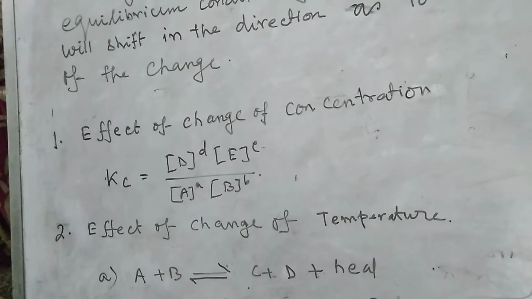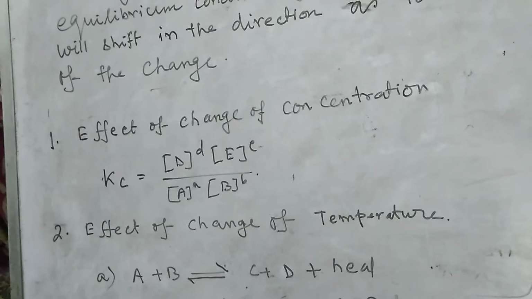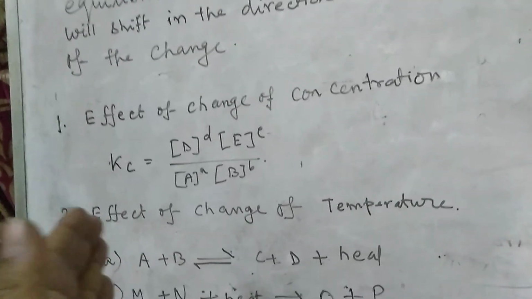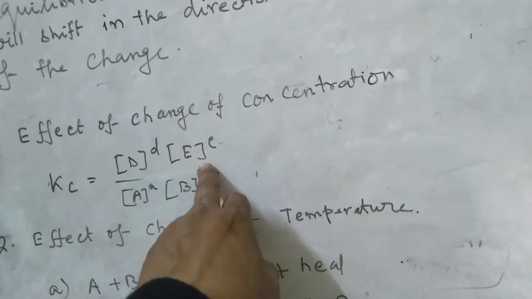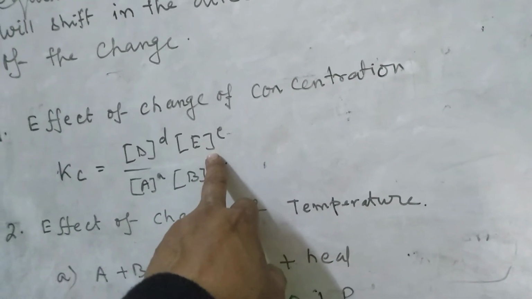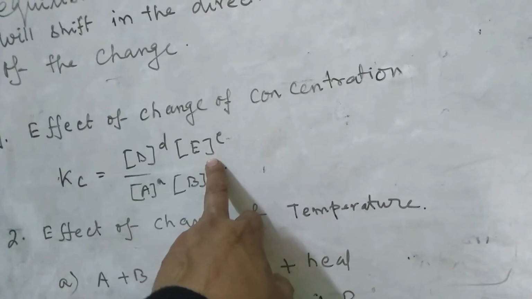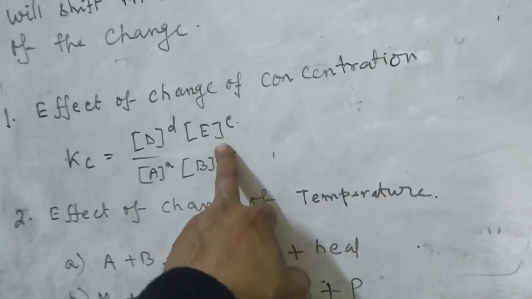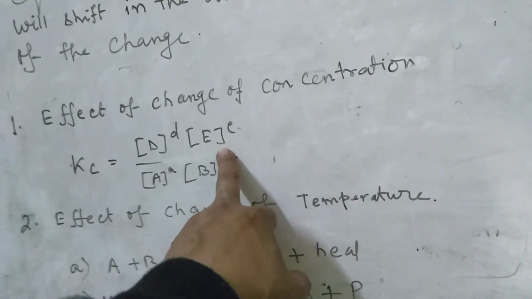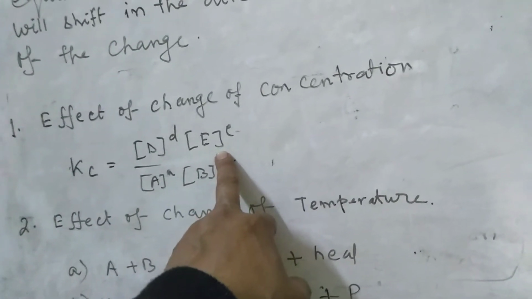To keep the equilibrium constant remain constant, the numerator will increase. The numerator increase means the amount of product will increase. That means it will favor the forward reaction.